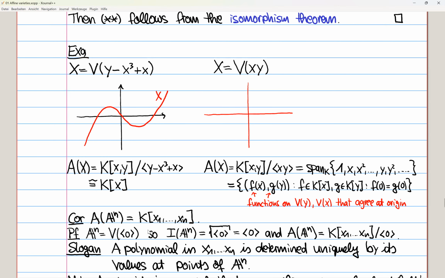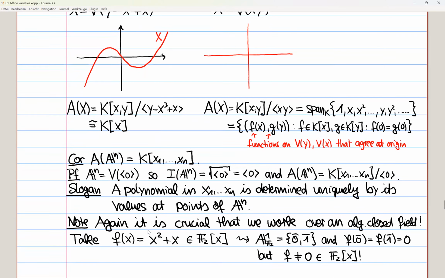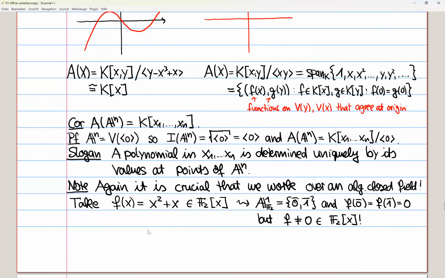Note here, as a word of caution, this depends very much on the fact that we worked over an algebraically closed field. For example, if we worked over the field F2 with 2 elements, then you have a polynomial f(x) = x^2 + x, and its values at the 2 points 0 and 1: if you plug in 0, you get 0 squared plus 0, which is 0.